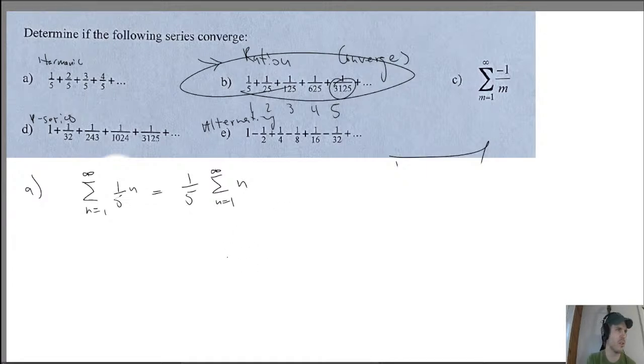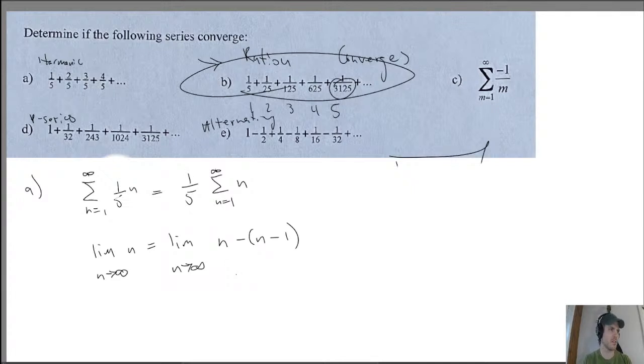So you do the limit as n approaches infinity of n, which equals... Oh, it's the partial sums.